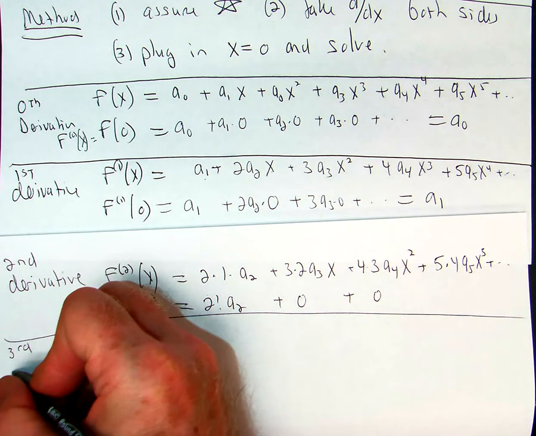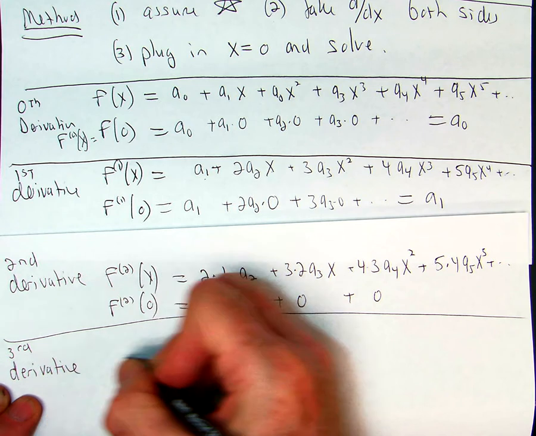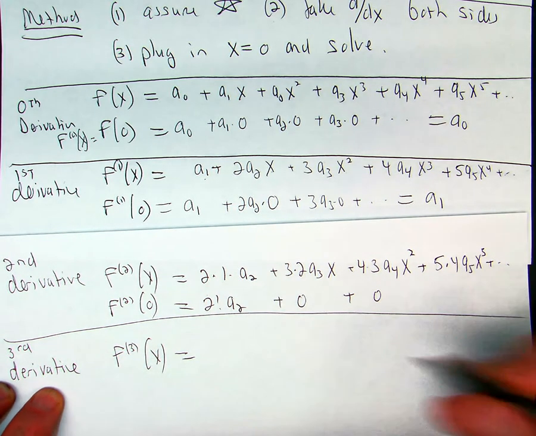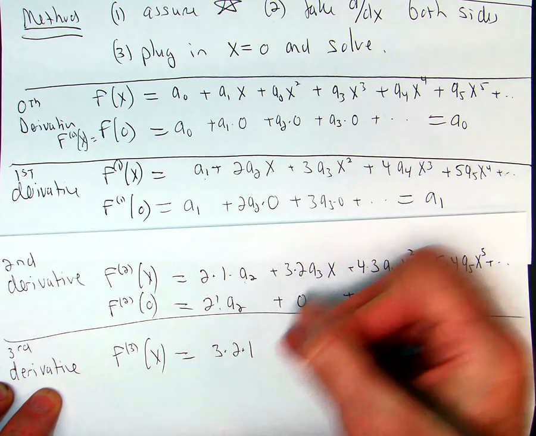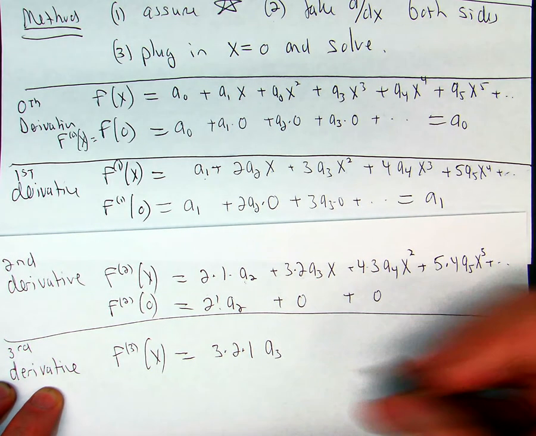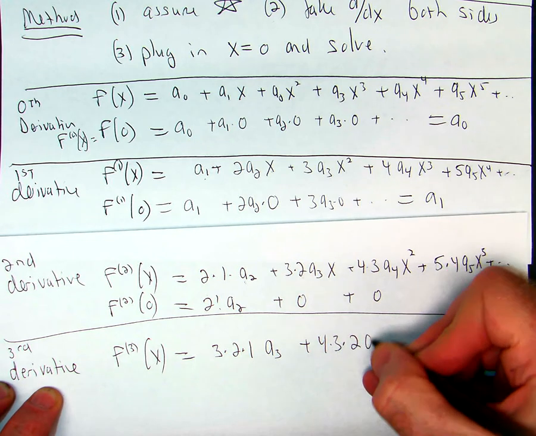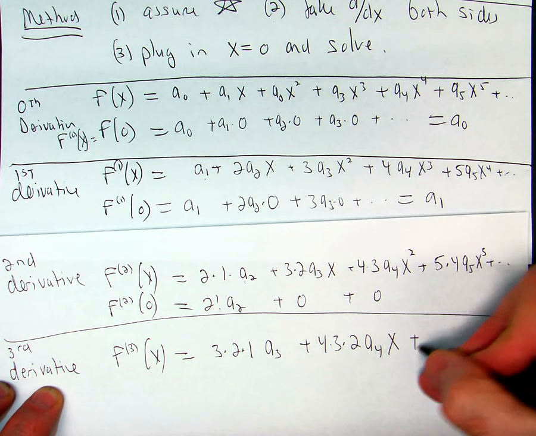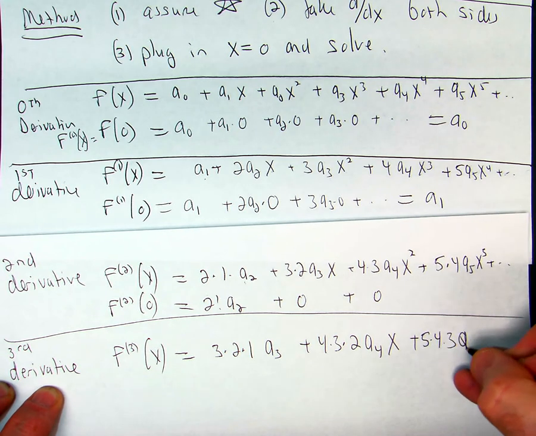So the third derivative, this is time consuming, but it works. That goes to 0. This is going to be 3 times 2 times 1, a3. 4 times 3 times 2, a4, x. 5 times 4, bring that down, 3, a5, x squared now, and so forth.